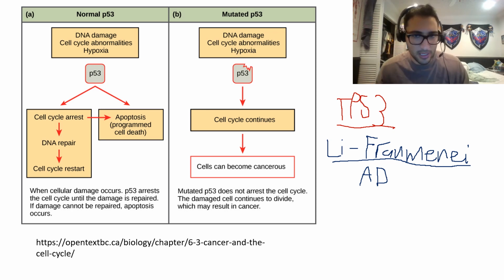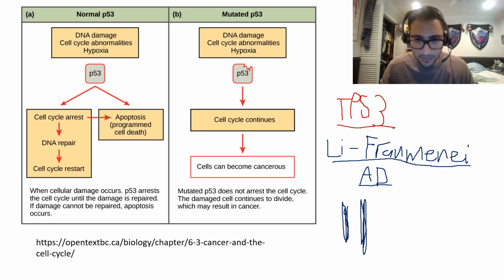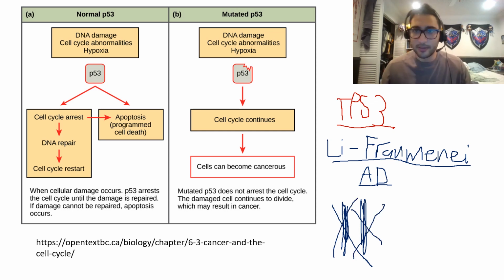All right. So now to talk about the inheritance pattern. TP53 is autosomal dominant. In fact, all of these tumor suppressor genes have an autosomal dominant inheritance pattern because of the two-hit hypothesis. Remember, each gene has two copies, two different alleles. The two-hit hypothesis says you must lose one allele and then another one to develop cancer. You must lose one copy of the tumor suppressor and then another. It requires two hits. As long as you have one functional copy, you can usually prevent the development of cancer.